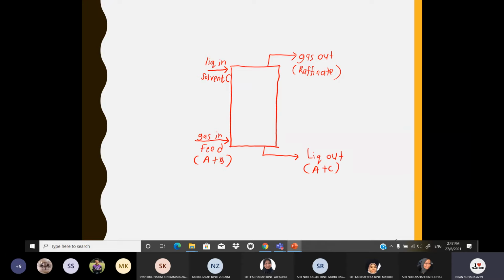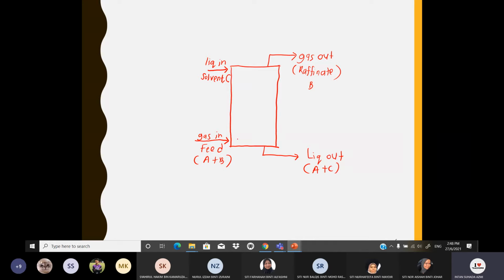You want to separate A and B, right? So your A is in the liquid out stream. In this raffinate, there will be more component B. You want to separate A and B, right? So more B component here, and more A and C component there, right?